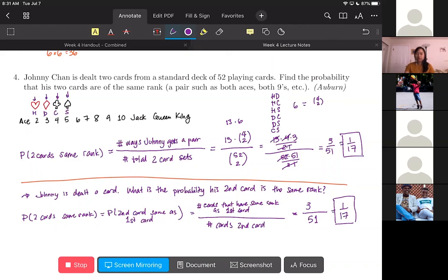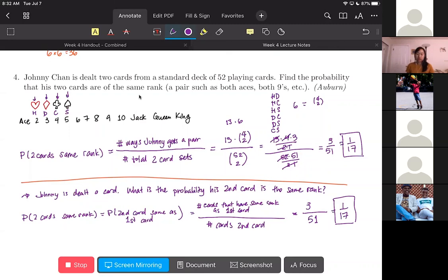I'm sorry, but the second question, the cards that have the same rank as the first card, how is it 3? Oh, it could be any card. So if you have a 2 of hearts and a 2 of diamonds, then those are the same rank. Basically it's saying the number is the same.